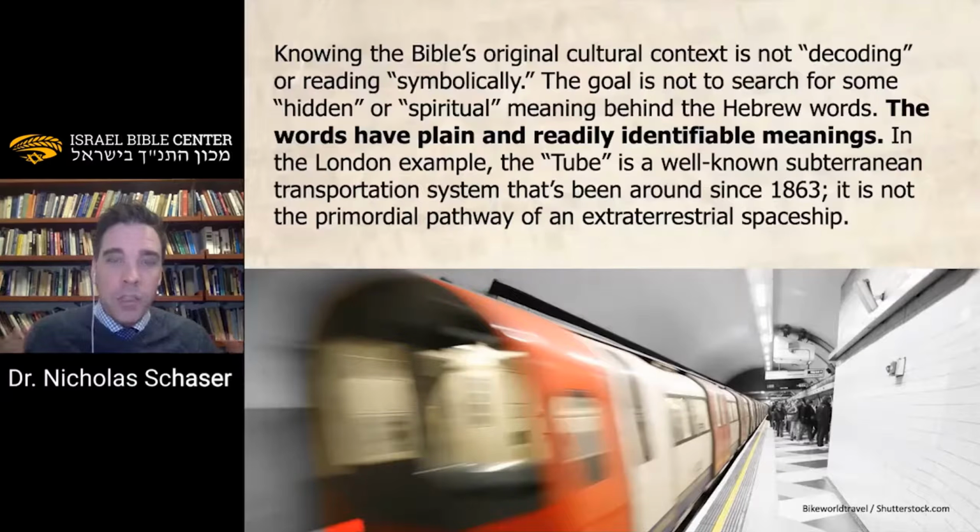The tube doesn't symbolize some strange, other symbolic meaning. The tube means the underground railway system. It's plain and readily identifiable, but we need to get behind it in order to rightly culturally translate it.